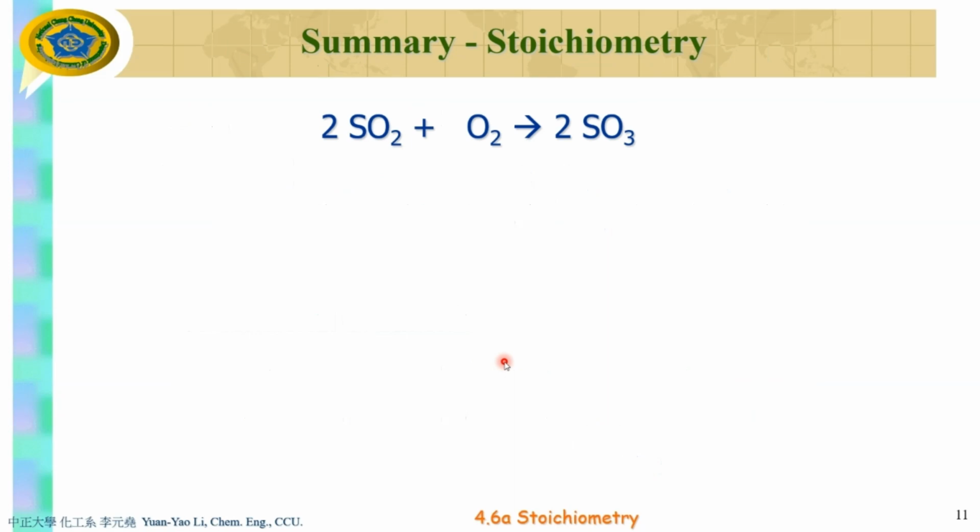Okay, so let me summarize the 4 terms here. The first one is called stoichiometry. We are talking about this kind of study, right? This is what we call the stoichiometric coefficient: 2, 1, 2.